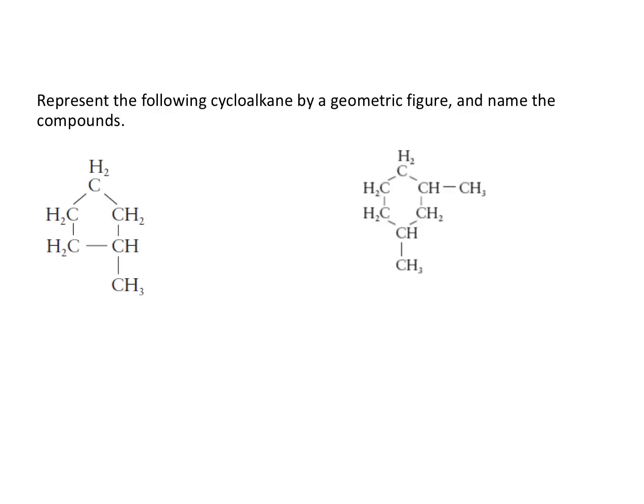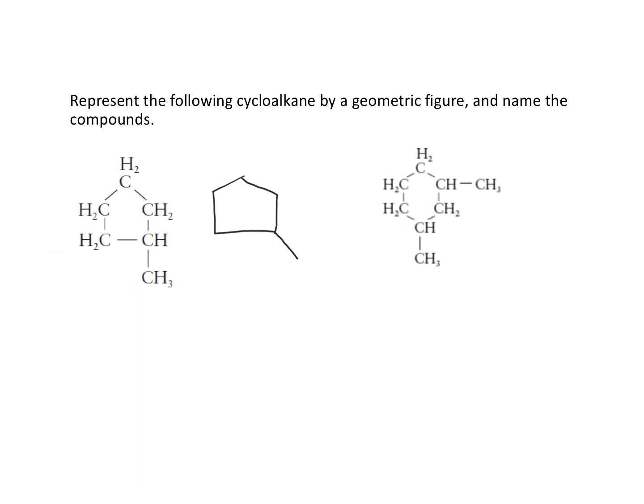So let's do an example. It says represent the following cycloalkanes by a geometric figure and name the compounds. When we look at this, there's 1, 2, 3, 4, 5 carbons here in the ring, and then this CH3 is off the ring. So the geometric figure is like that, and then we would put one substituent off the ring there.